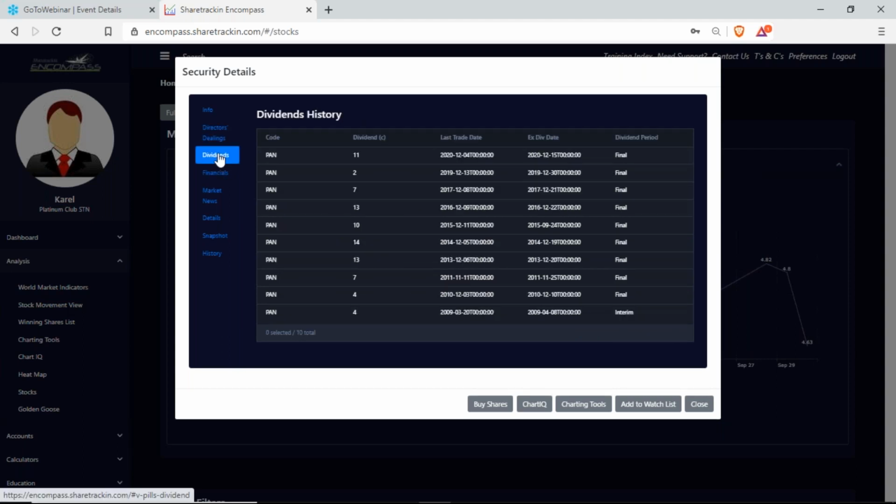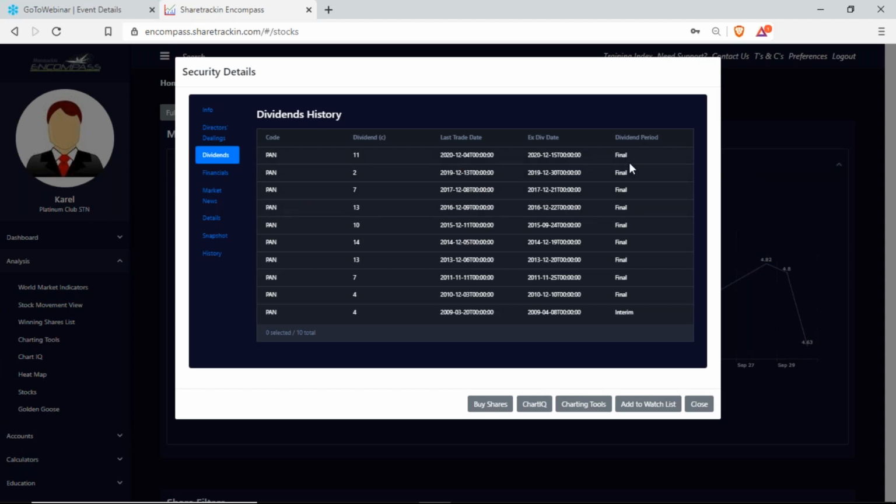I have my dividends. Here's my dividends history. Here I can see how much dividends they pay out, when last they paid out dividends, and the dividend period.